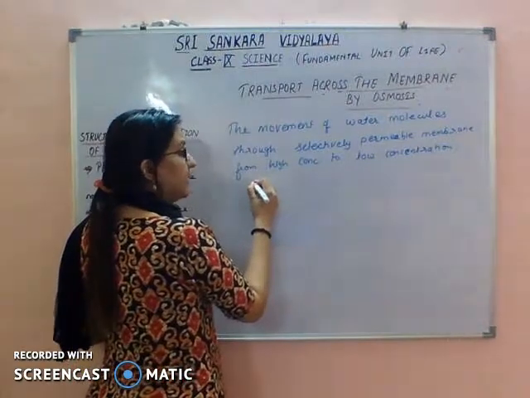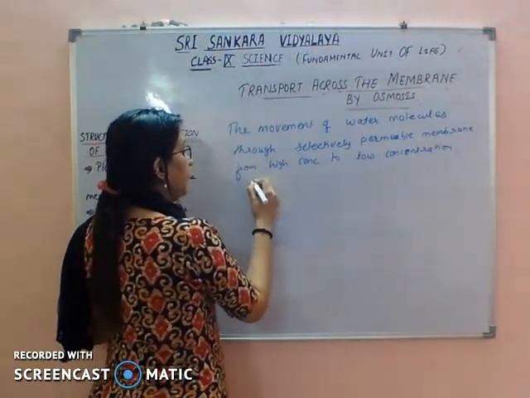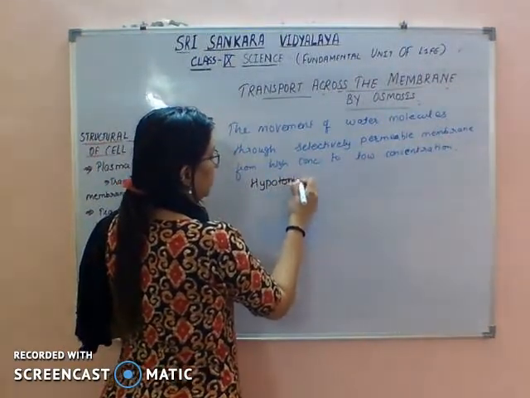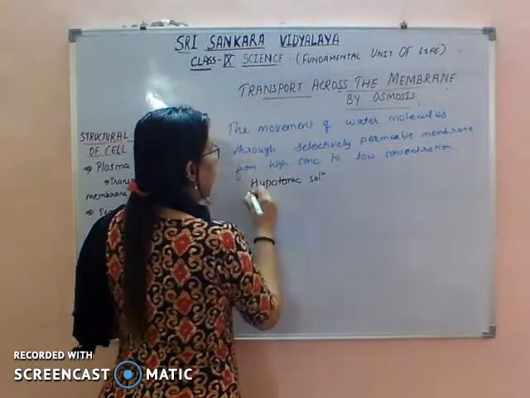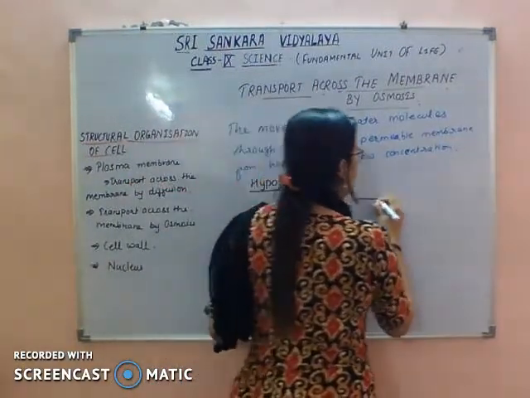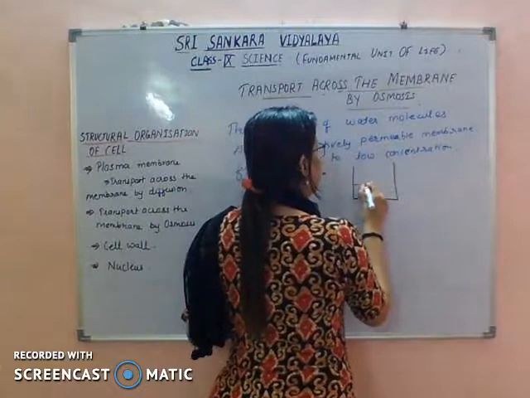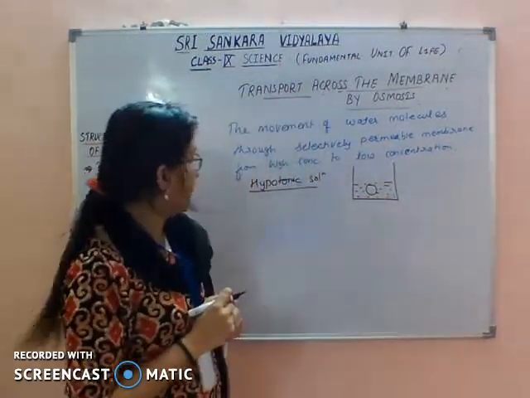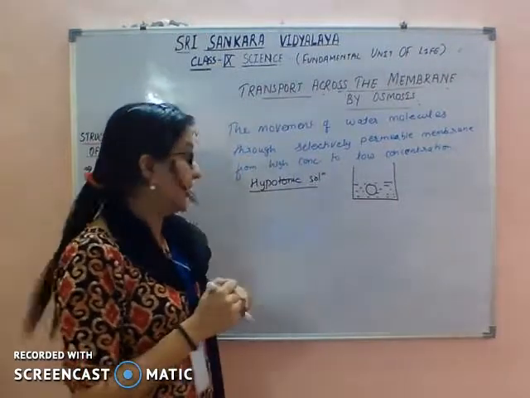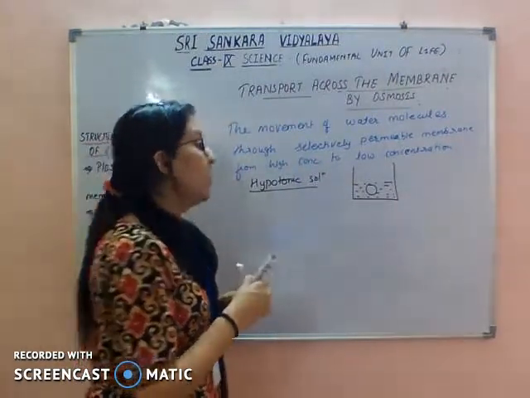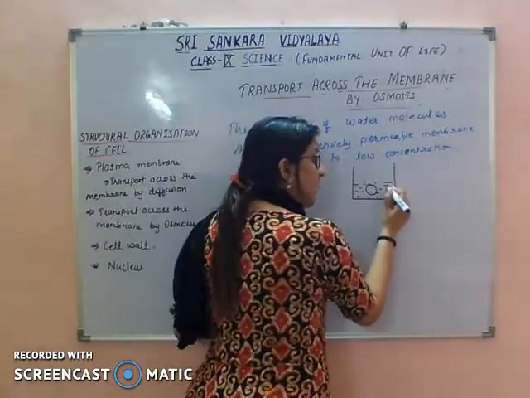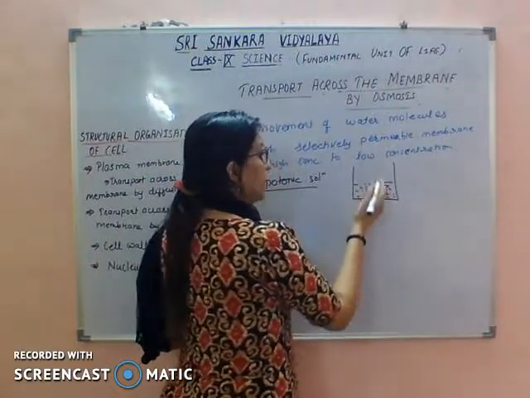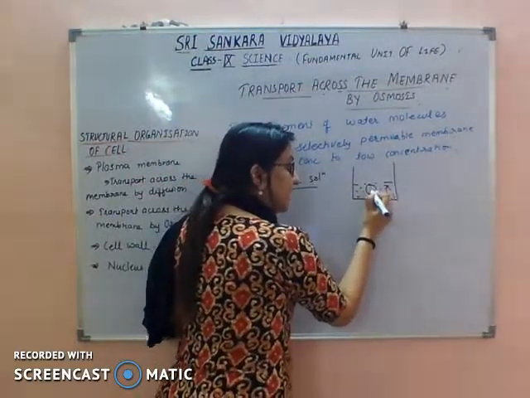First, we will read about the hypotonic solution. What happens in a hypotonic solution? See, this is a cell and this is the cell's external medium, or you can say the solution. In a hypotonic solution, the water content is more in the external medium as compared to the water content inside the cell.